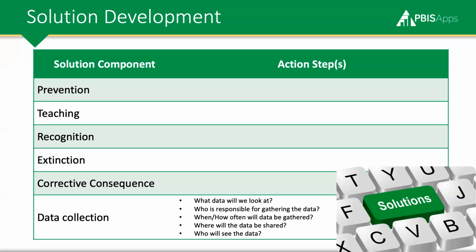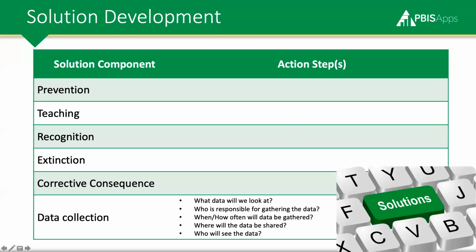Was this plan carried out with fidelity? Probably not if we're not seeing anything improve with those students out on the playground. So that outcome data, we need to determine what outcome data we're going to ask our data analyst to bring to the next meeting to enable us to know if this plan has been effective.